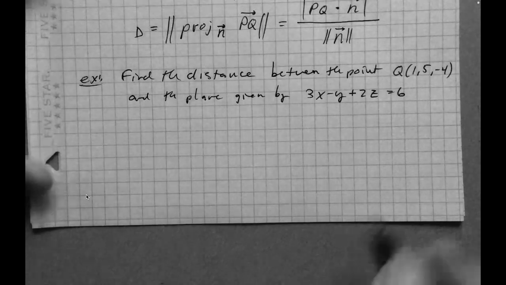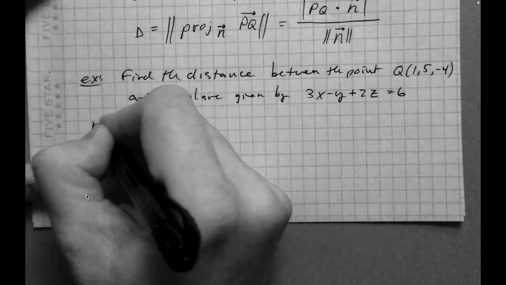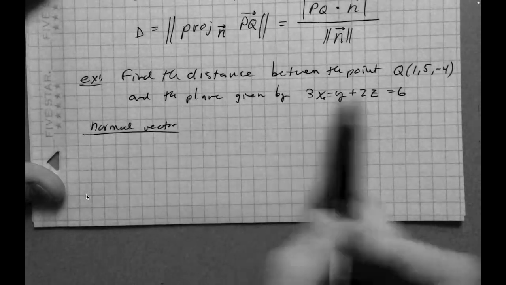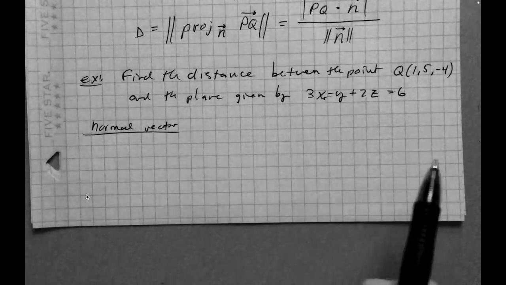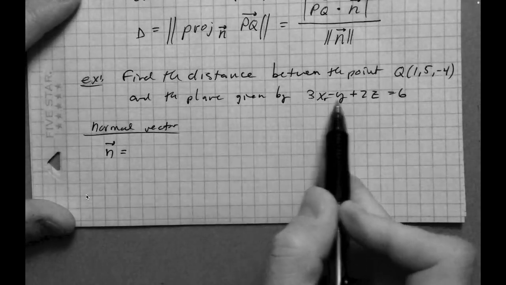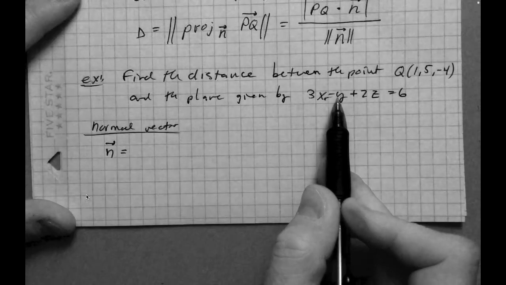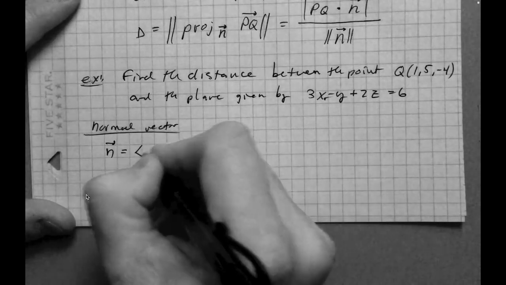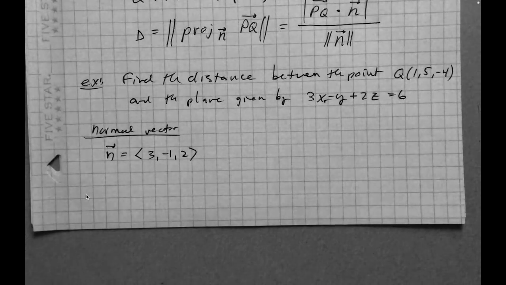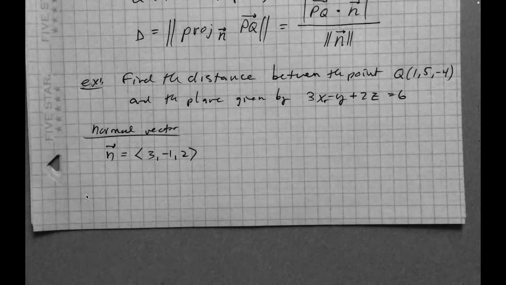All right, so let's find a normal vector to start with to this plane. You're always given one if the plane is written in standard form. You know that your normal vector could be 3, negative 1, and 2. Okay, so that's normal to the plane.